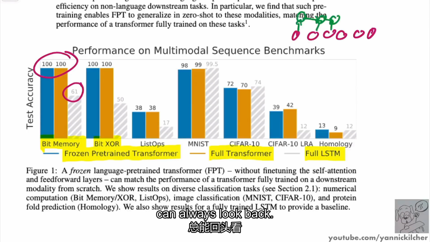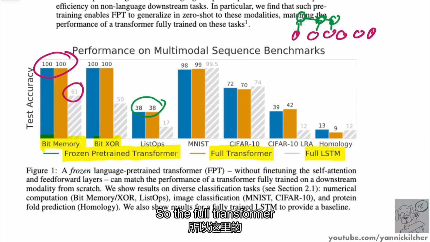The transformer can always look back. The LSTM needs to remember everything, and I think that makes it much harder to do these kinds of sequence tasks. I already told you list ops, they all perform badly, but interestingly, they perform equally badly.